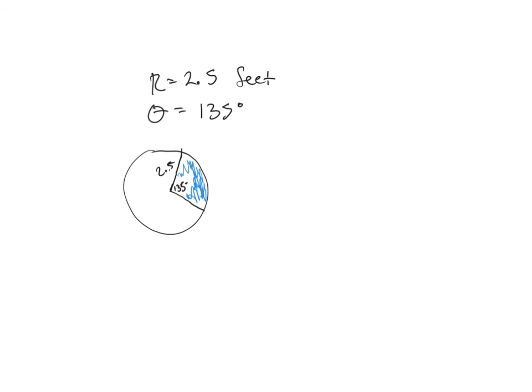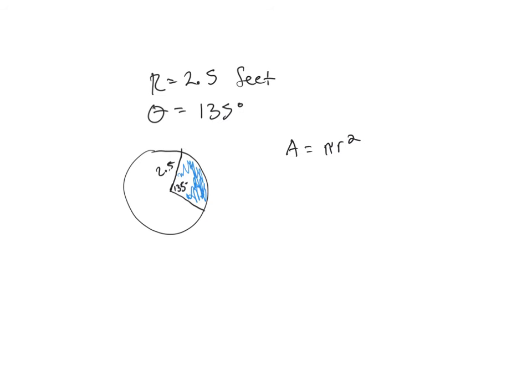Now instead of working with our circumference formula, we're going to work with our area formula. So quick reminder, the area of a circle is pi r squared. This is also, just like that circumference, a proportion of the entire thing.